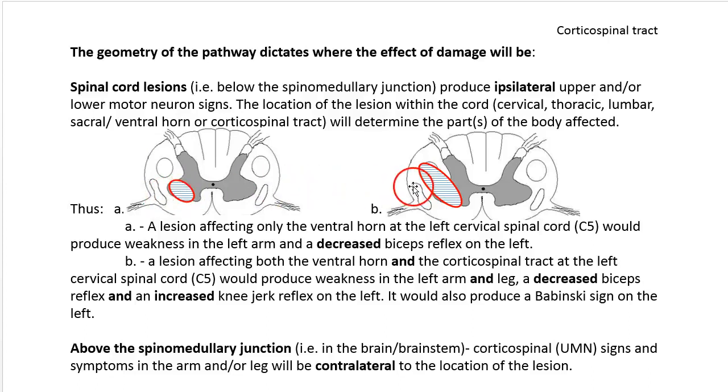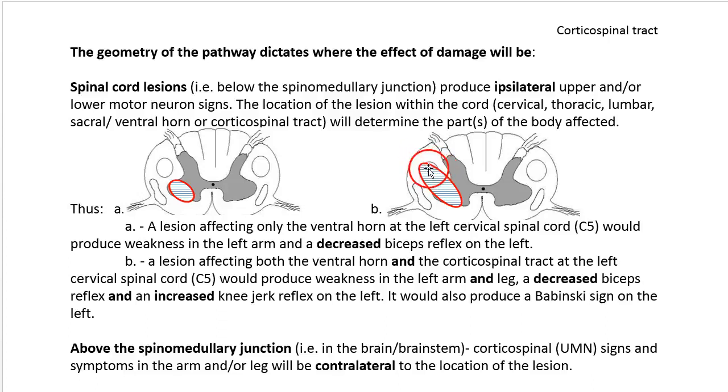Now, if we took that lesion and extended it, as we see over here, a lesion affected the ventral horn, but also the corticospinal tract nearby, what would happen? We'd have the same deficit for the arm, and that is a decreased bicep reflex in the left arm. But what about the leg? Now, the corticospinal tract sitting over here is heading down to the lumbar cord, where it will attempt to activate motor neurons in the lumbar cord.